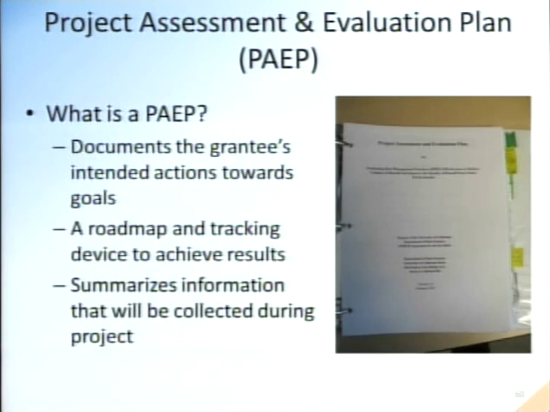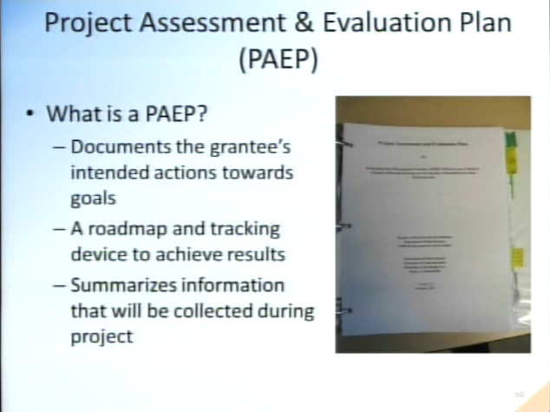So I want to talk about what a project assessment and evaluation plan is. It's what we, the State Water Board, call the plans that the grantees develop that basically tell us how effective your project's going to be. It's the way to plan out how you're going to do that and document the effectiveness.